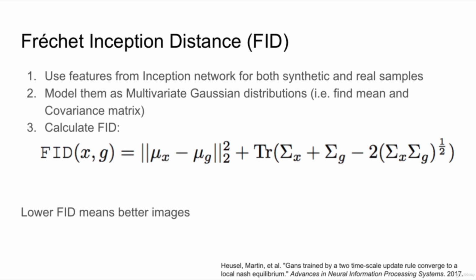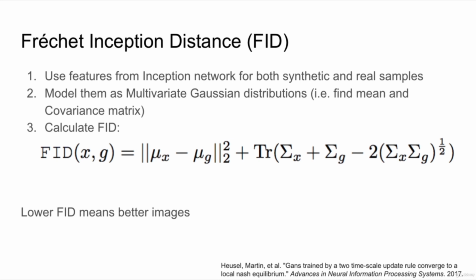Now let us discuss the second measure of quality for GANs, Fréchet inception distance. As you can guess, it also uses Inception network, but in a different way. Firstly, we use Inception network for feature extraction for both synthetic and real samples. Then we assume that the obtained features are distributed as a multivariate Gaussian distribution. Then we estimate their mean and covariance matrix.